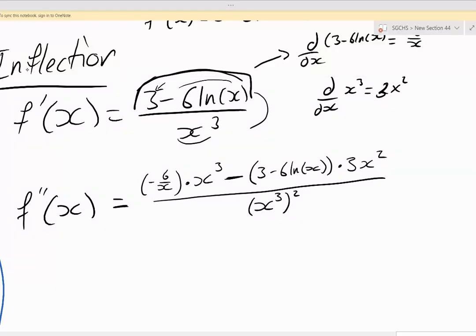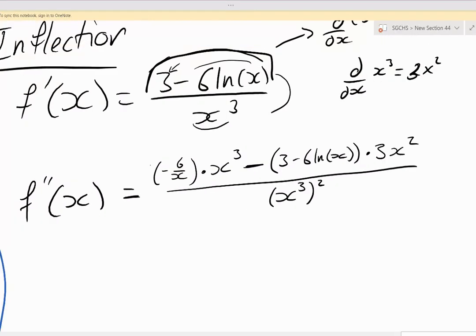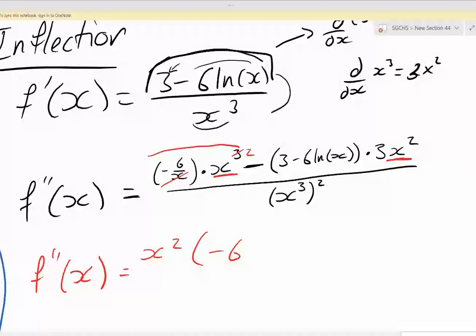Now at this point, I can take a few things out. I can already cancel out my denominator x here and make this squared. Now I have x squared in both terms, so I can take it out. So this will become x squared multiplied by negative 6.